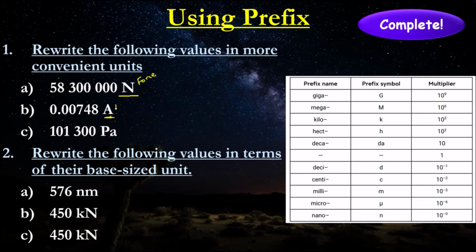A is for amperes or amps, that measures electric current, and pascals, that's to measure pressure. I'll demonstrate what I mean by trying to convert them into more convenient units.